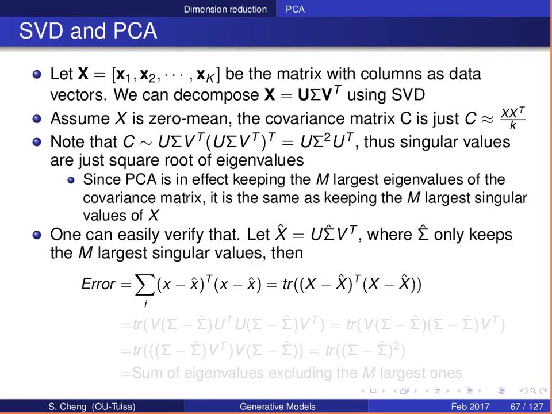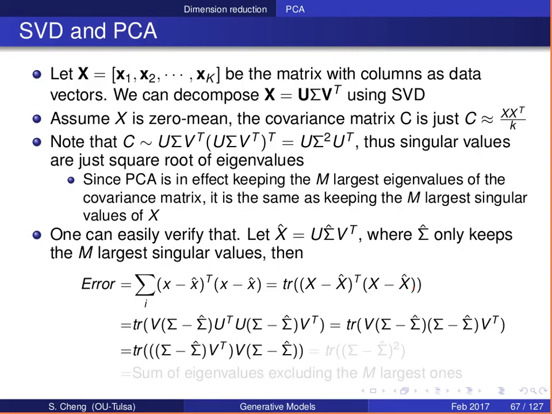Anyway, I shouldn't spend too much time on this trivial algebra, so I'll skip it, but if you're interested, look into that. This shows that keeping the largest eigenvalues gives you PCA, in the sense that you get the optimum estimate X hat, closest to X in terms of square differences, as long as we keep a fixed number of components.